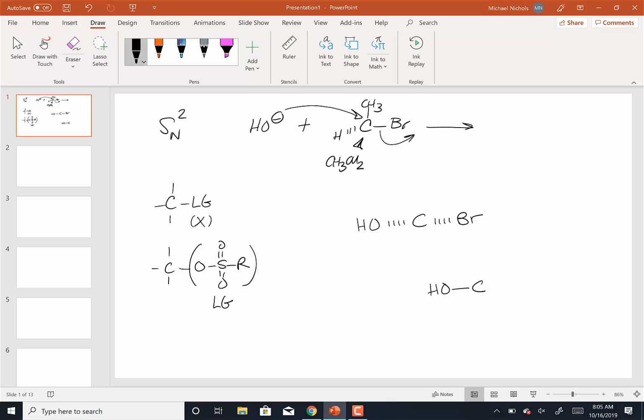Now, this carbon-bromine bond, those bonds are kind of facing this way, and the other 3 bonds are facing this way. As the OH group comes in, they flatten out, and then after the bromine leaves, they end up like this.